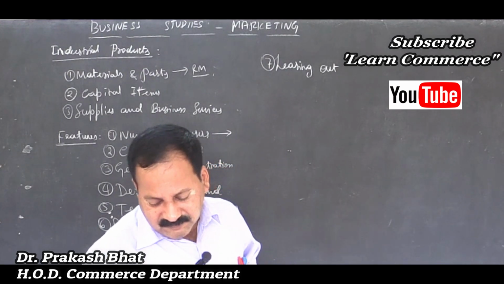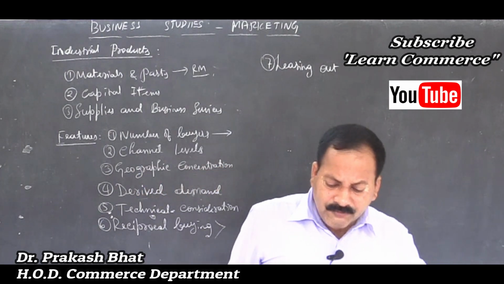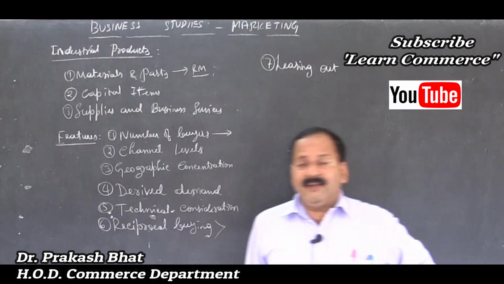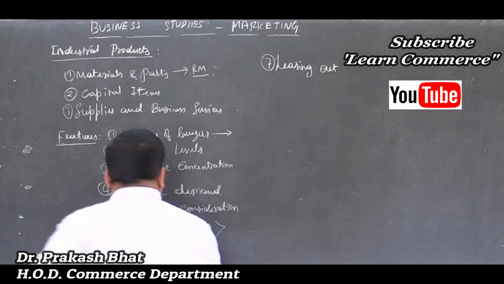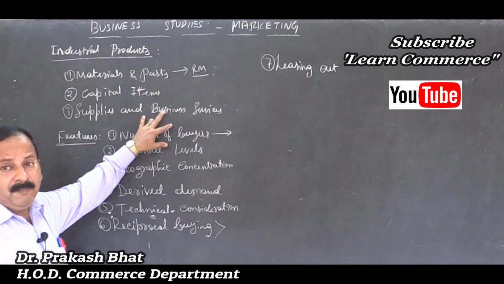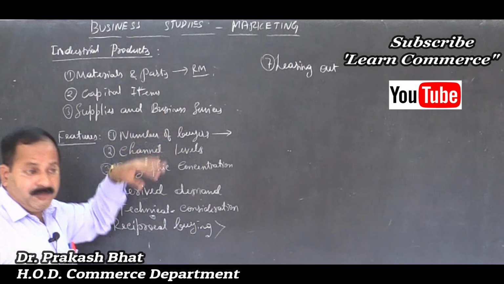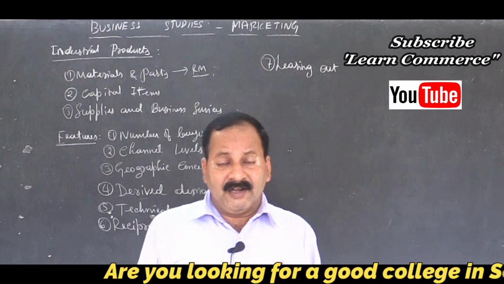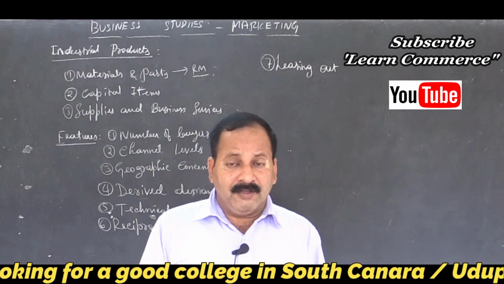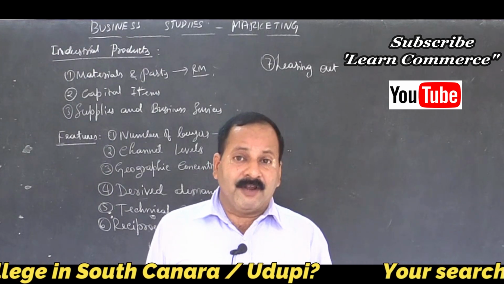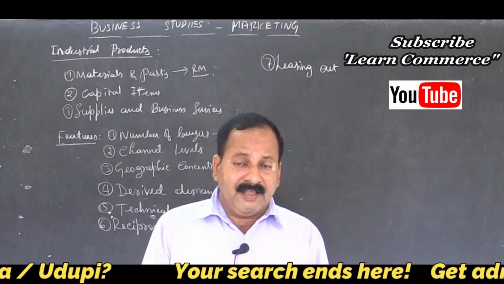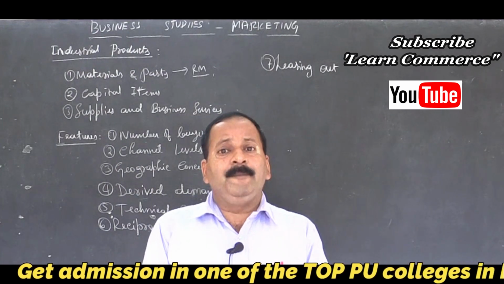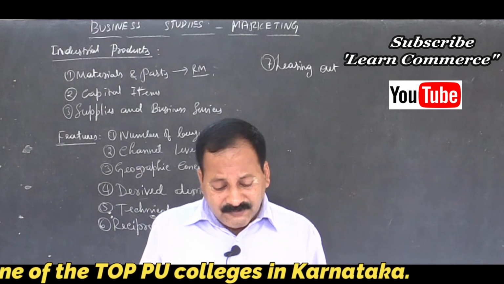Capital items are used in the production of finished goods, like elevators. We use hydraulic pallet trucks, pygmy pallet trucks we call them, which are used for movement of material from one place to another place, that is raw materials, isn't it? We have to issue it from the storeroom to the production center, for which we need elevators, forklifts, all these helping machines which we use.